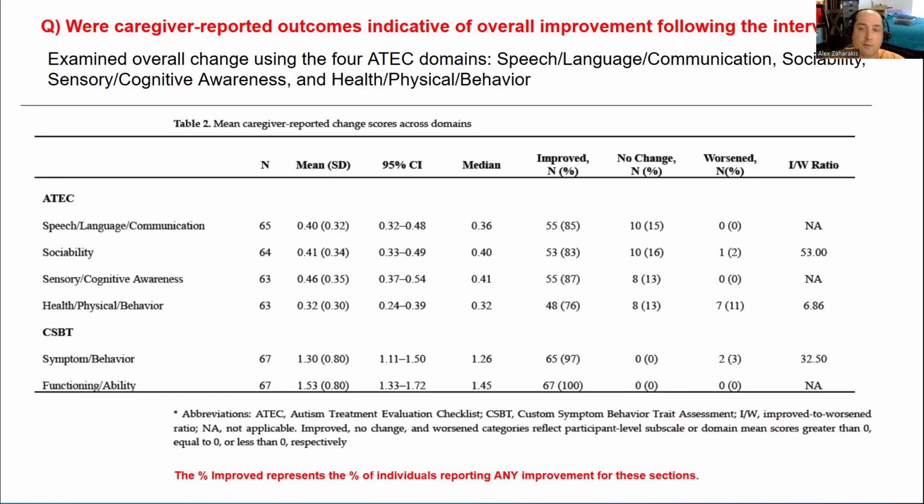So we just left it as improved, worsened, or stayed the same. If you ascribe a number to these situations, minus 1 being worsening, plus 1 being improvement, or 0 being stayed the same, the 0.4 is the mean of all of those values added up together.